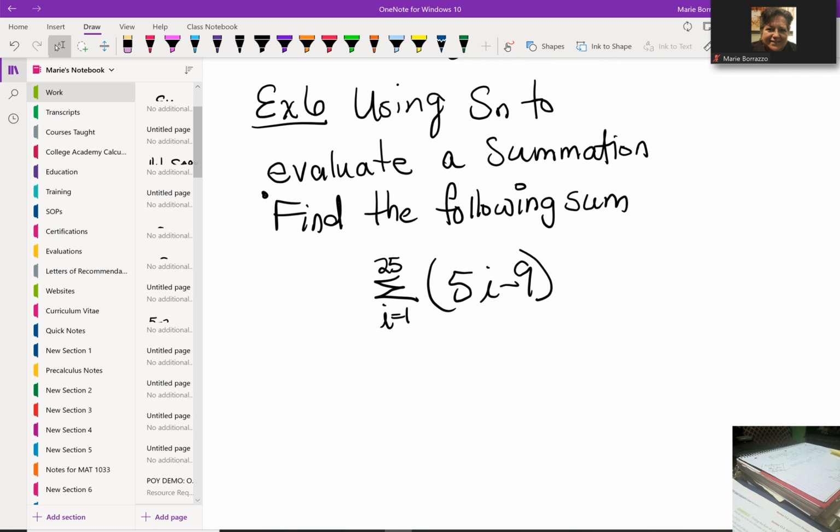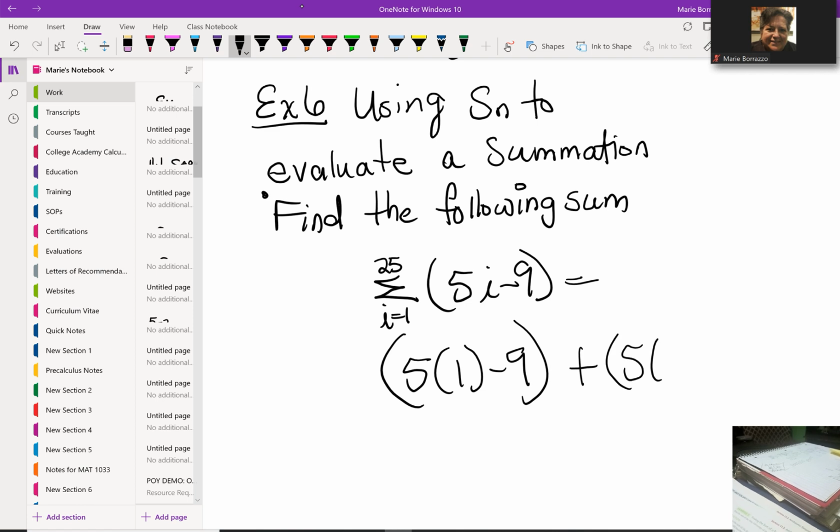So you can go ahead and use the system I showed you last time, where we would start with, for example, 5 times 1 minus 9 and get that value, plus 5 times 2 minus 9, and then continue, dot, dot, dot, all the way to 5 times 25 minus 9.